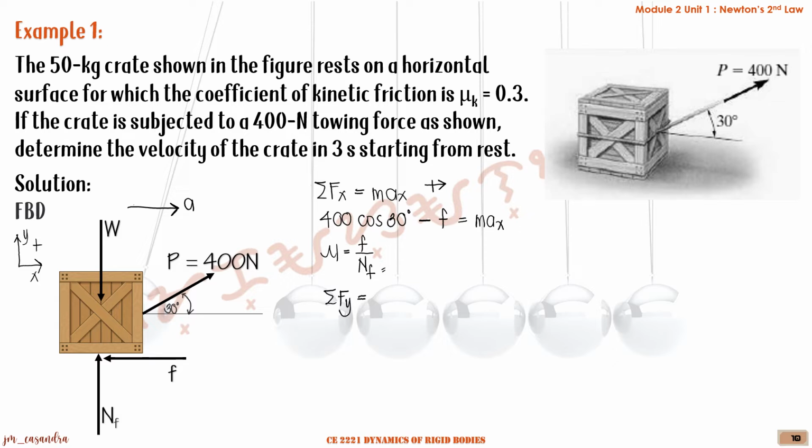so we move to the summation of forces along y, which is equal to mass times ay. We have upwards positive. For the y forces, we have the normal force N upwards minus the weight, and then we also have the vertical component, or y component, of the applied force, so that will be plus 400 sine of 30 degrees, and that is equal to mass times ay.